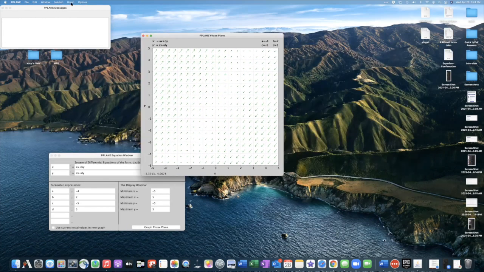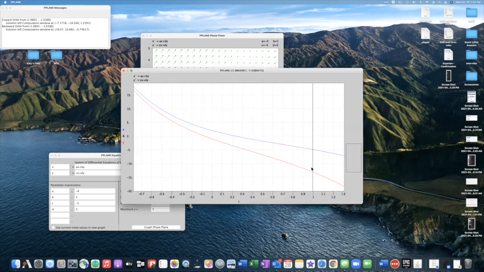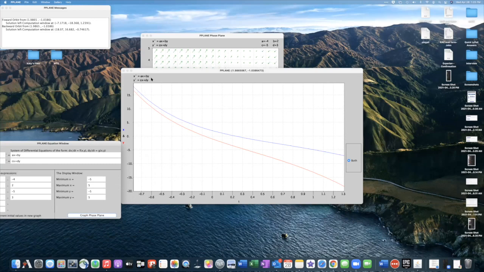I want to start at, say, 2, -1, just for fun. I feel like there's a way to change your window here, and I am not seeing it.